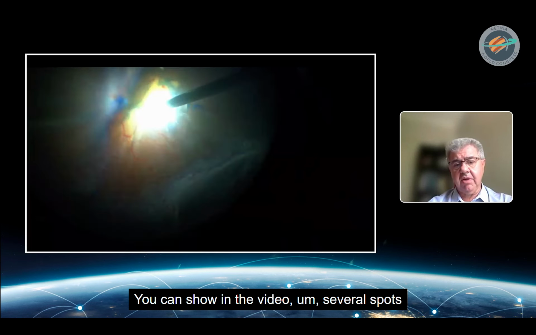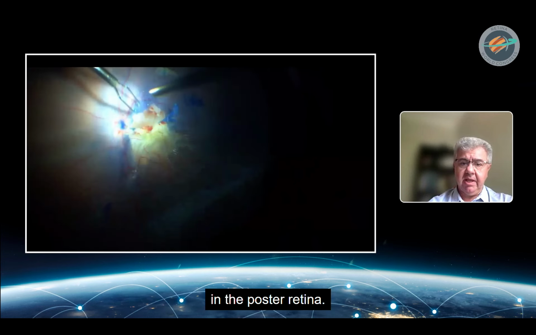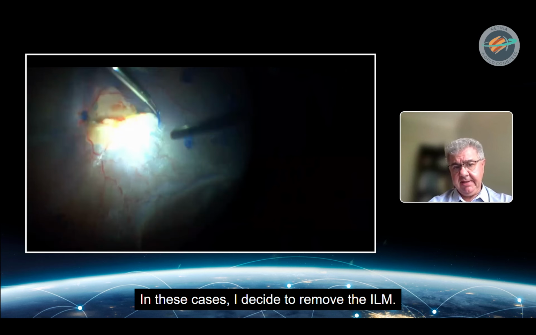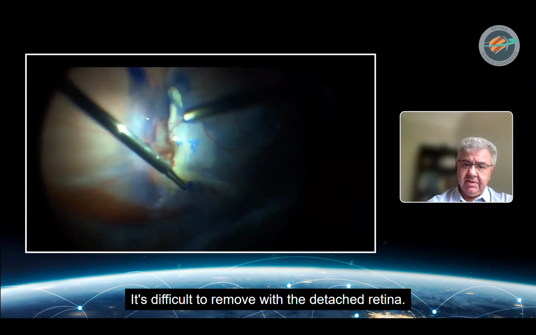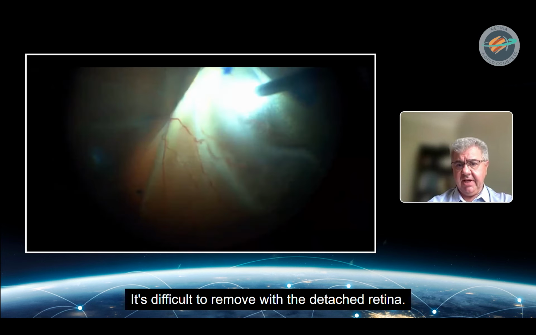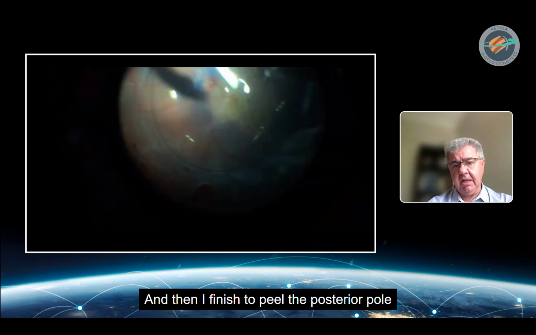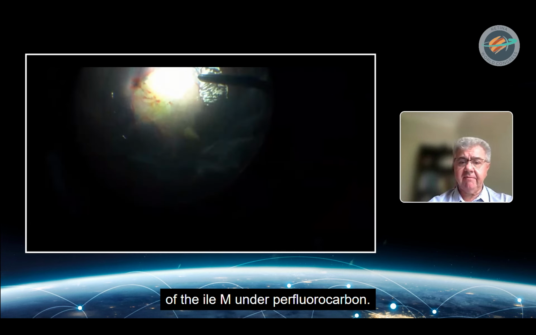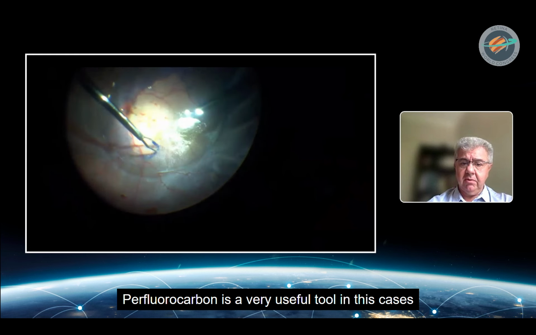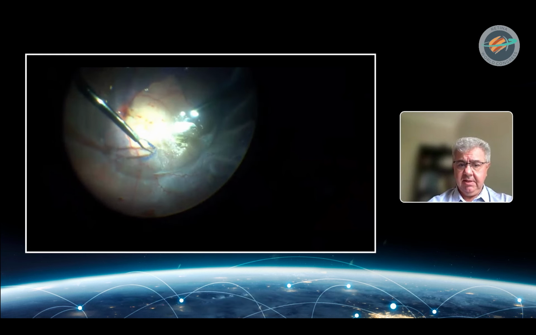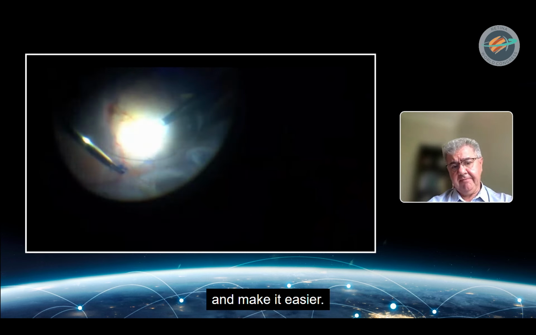You can see in the video several spots in the posterior retina. In these cases, I decide to remove the ILM. It's difficult to remove with the detached retina. Then I finish peeling the posterior pole of the ILM under perfluorocarbon. Perfluorocarbon is a very useful tool in these cases to help remove the ILM and make it easier.